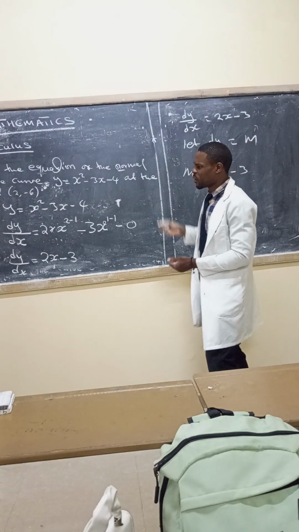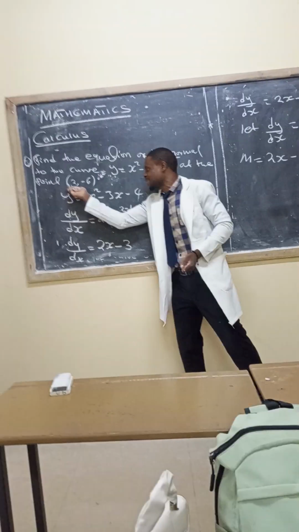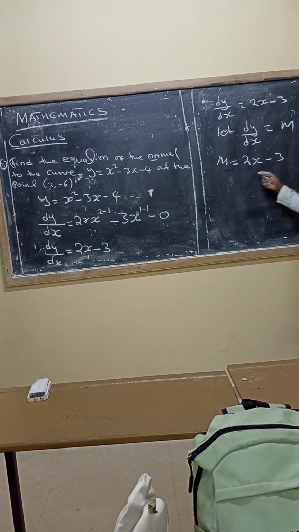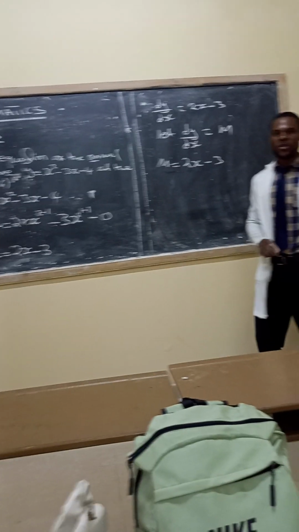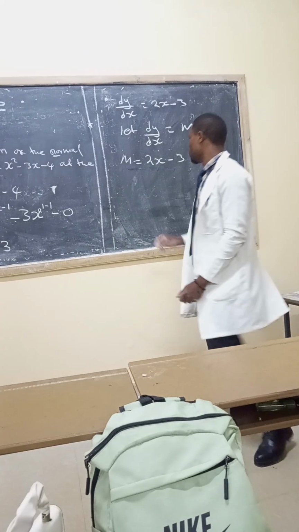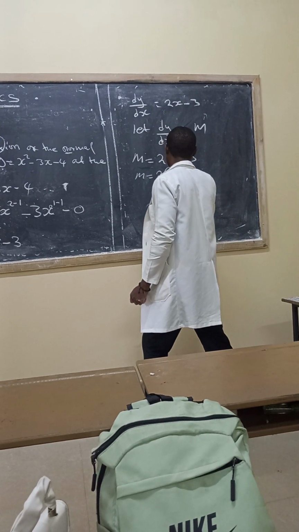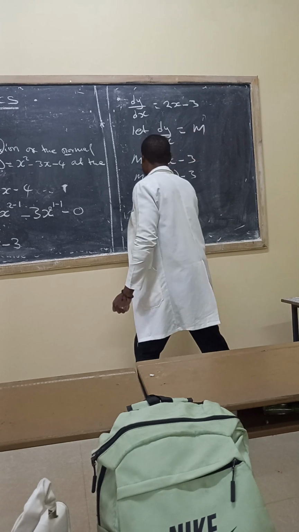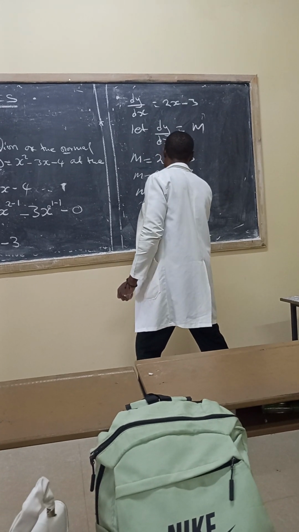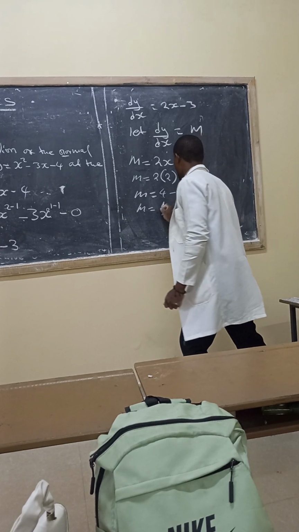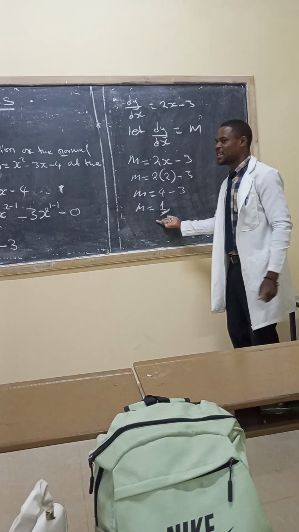Now if we go back to the question, what is the value of x there? It is positive 2. So now in this equation, where there is x, you replace with positive 2. So now we say gradient is equal to 2(2) minus 3, which is 4 minus 3, which will give us the gradient is equal to 1. Now this is the gradient 1.